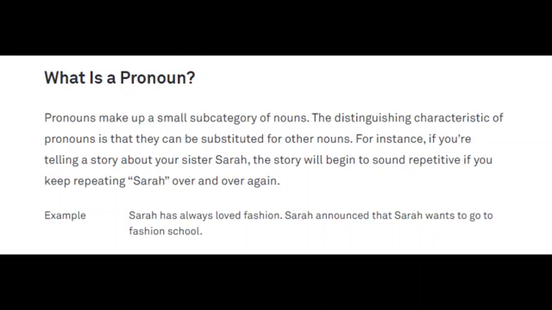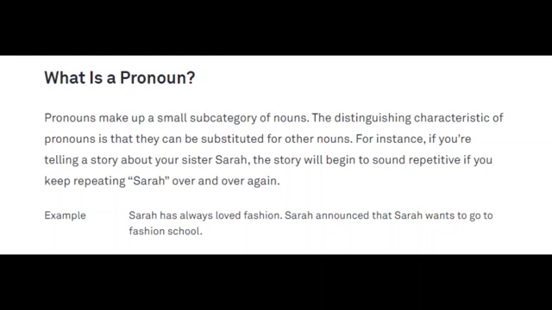For instance, if you are telling a story about your sister, Sarah, the story will begin to sound repetitive if you keep repeating Sarah over and over again. So to avoid this repetition and to make the sentences sound good, we use pronouns.